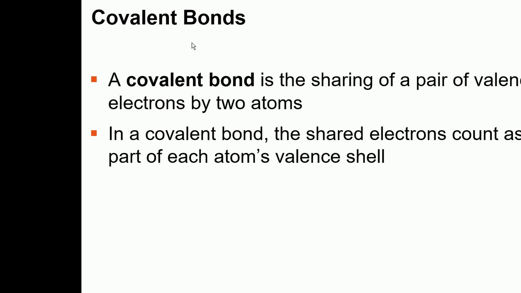So a covalent bond is formed by the sharing of electrons between two atoms. Now, how many electrons do the atoms share? On the basis of that, it results in the formation of single bonds or double bonds. So covalent bonds are formed by the sharing of electrons.